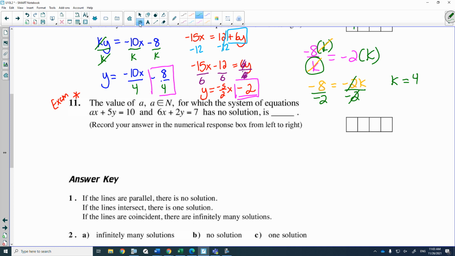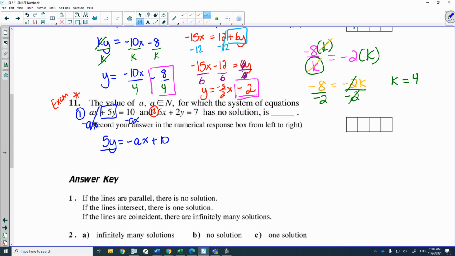Okay, we've got two systems. System 1, System 2. This time we're figuring out what A is. You need to get System 1 by itself. So get rid of that AX by subtracting AX. That would give us 5y is equal to negative AX plus 10.